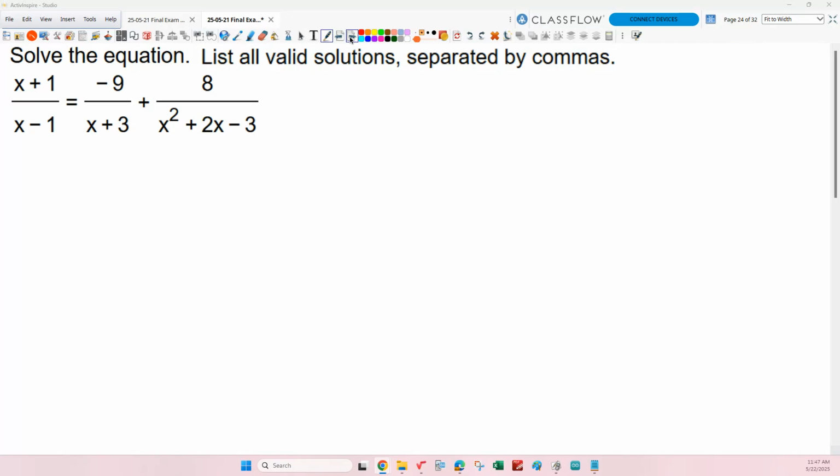So what would my first step be? Factor the bottom. So I could drop this fraction, drop this fraction. What would my factored denominator be? So we got x plus 3 and x minus 1. Okay. What do I do after that?